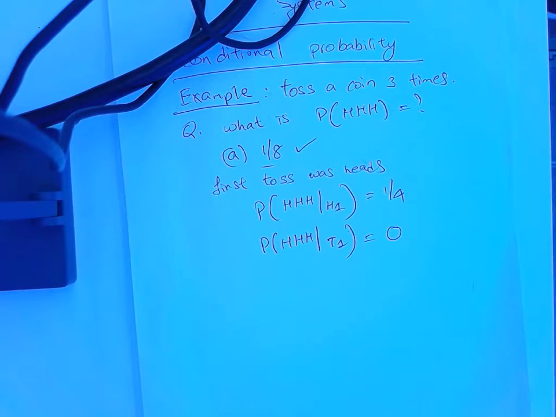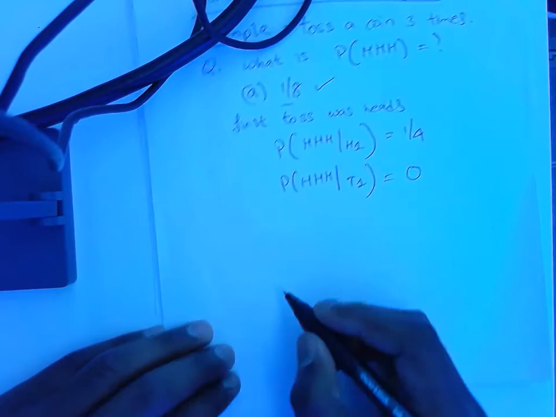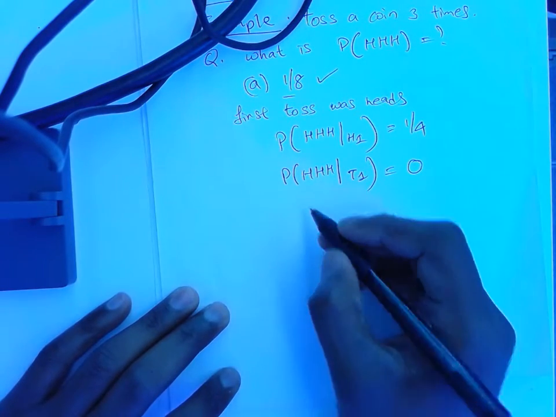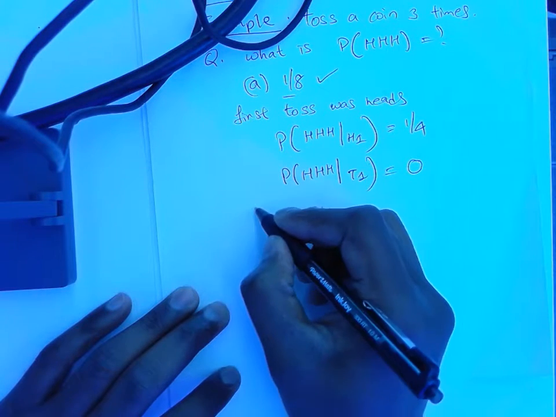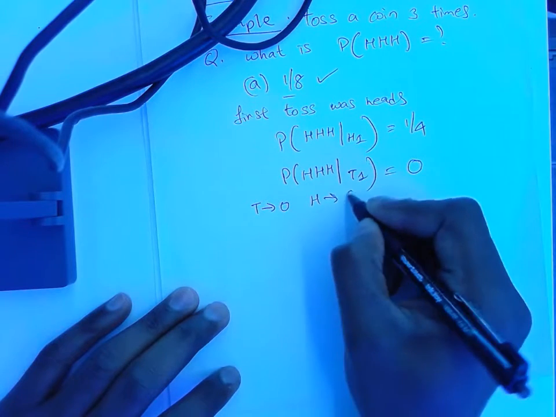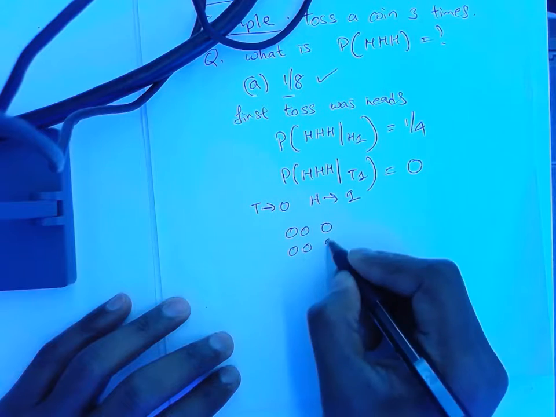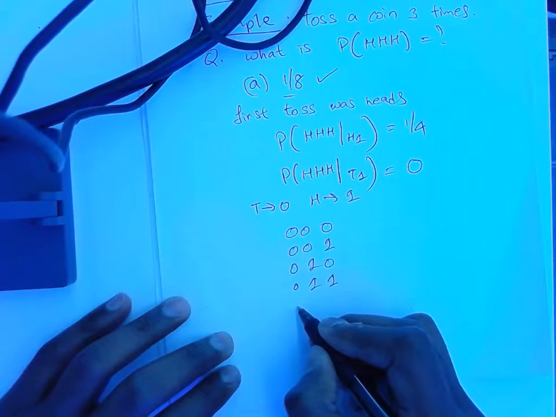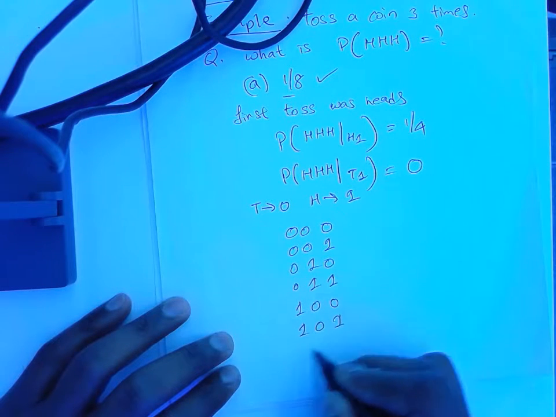Okay, so let me list down all the possible outcomes. It's easier to write 1s and 0s, so I'm going to use 0s for tails. Heads I'm going to replace with 1s. Okay, so 0 0 0, 0 0 1, 0 1 0, 0 1 1, and then 1 0 0, 1 0 1, 1 1 0, 1 1 1.